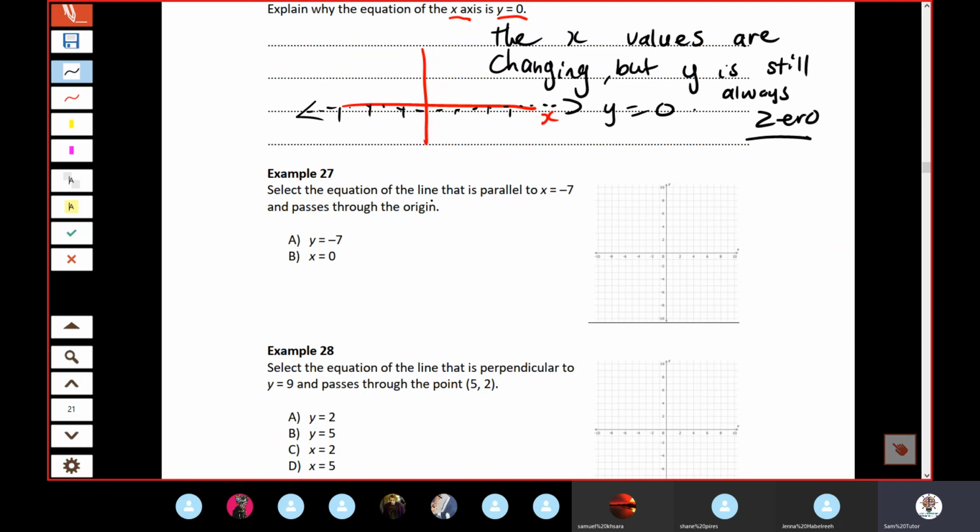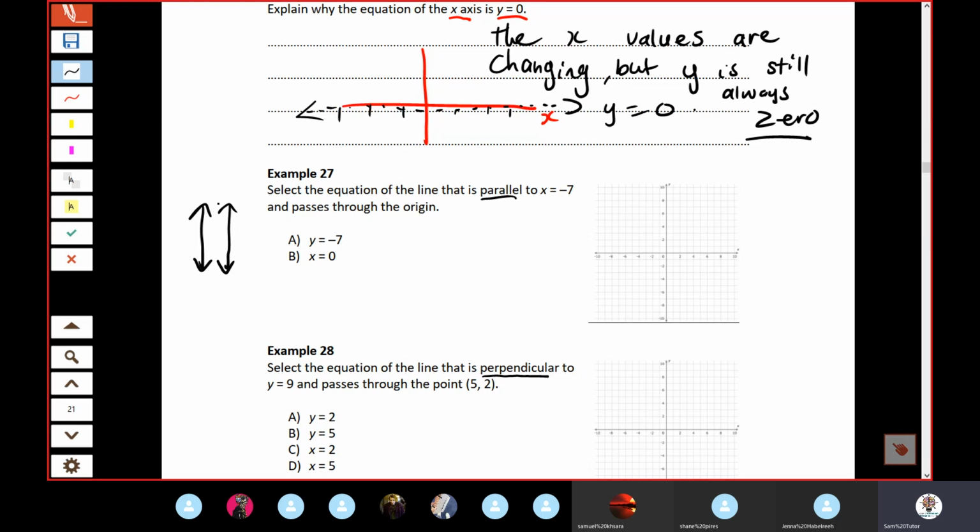Okay. Now, do we know what parallel means compared to perpendicular? Can someone tell me what parallel means compared to perpendicular? If I've got a line like this, I think we know what parallel is. I don't want to confuse you guys. I'm sure we know parallel means it exactly follows the same line, has the same gradient.